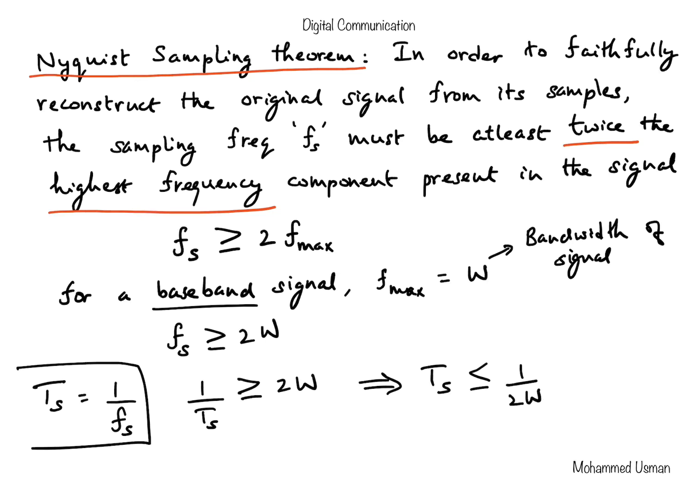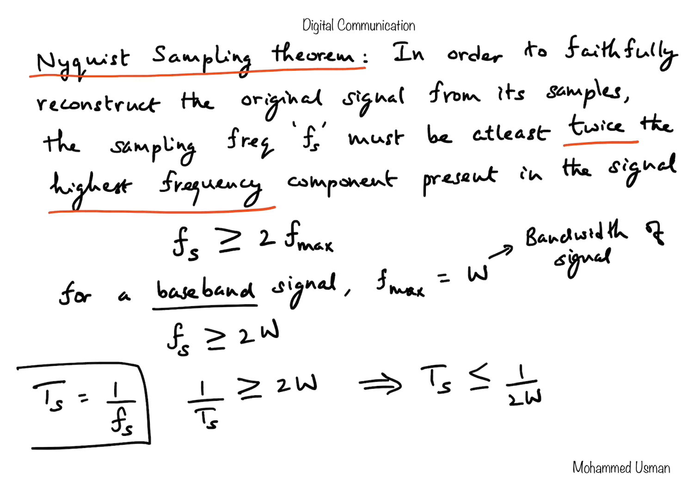If this condition is satisfied, then it is possible to reconstruct the original signal from the samples. So as long as we have sampled the signal in such a way that the separation between any two adjacent samples is less than or equal to 1 by 2 times the bandwidth of the signal, then we can reconstruct the original signal from the samples.